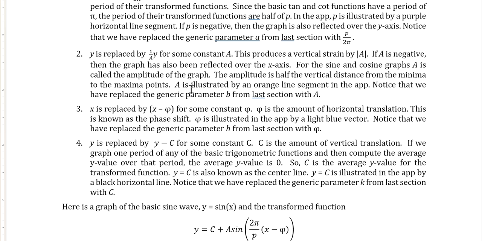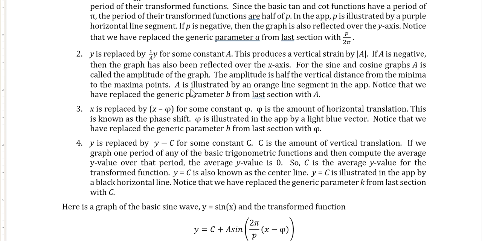The second one gives us a vertical stretch. A is called the amplitude of the graph, at least for the sine and cosine graphs. The amplitude is half of the vertical distance from the minimum to the maximum points for those sine and cosine graphs. A is illustrated by an orange line segment in the app. Notice that we have replaced the generic parameter b from last section with the capital A here.